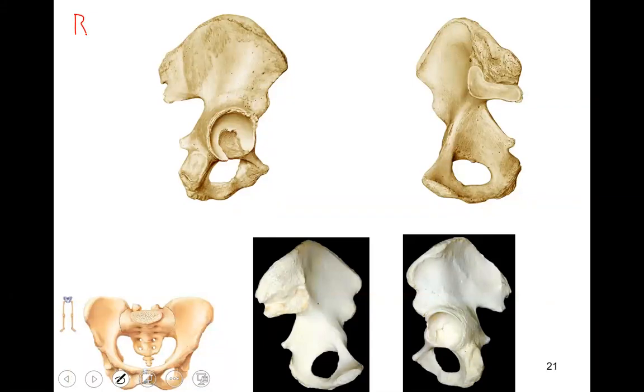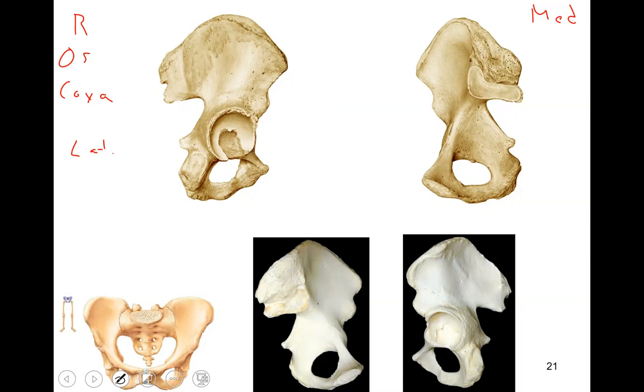The correct term is actually an os coxa, one single hip bone. Both of these are right. We can see the lateral side over here and the medial side over here. At the bottom, I'm showing you an image of left os coxae, or left hip bones.